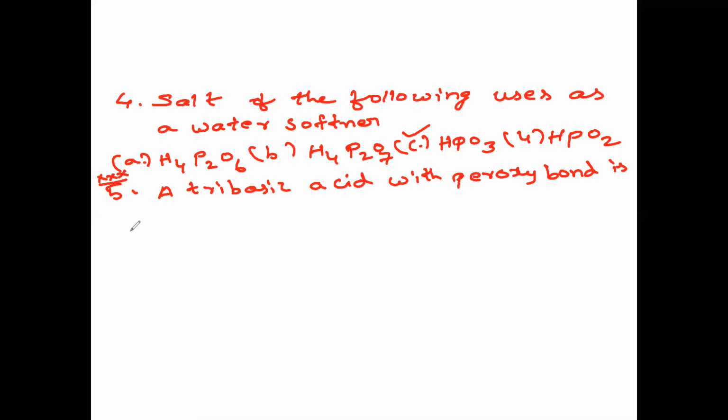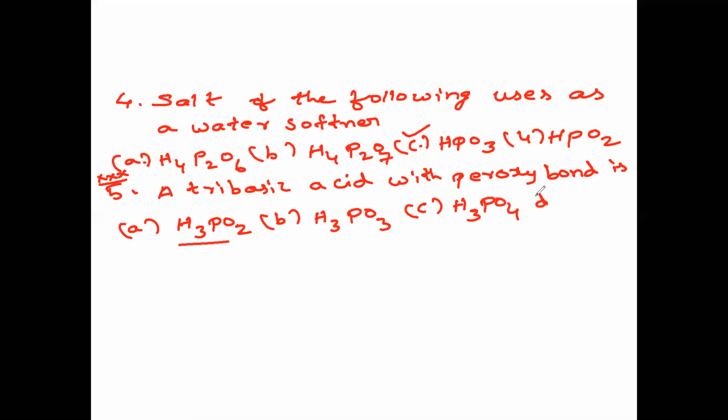Option 1, H3PO2. First of all, H3PO2 is not tribasic, it is monobasic because it contains only one POH bond. Option 2, H3PO3, it is dibasic. Option C, H3PO4, it is tribasic, but it has no peroxy bond.